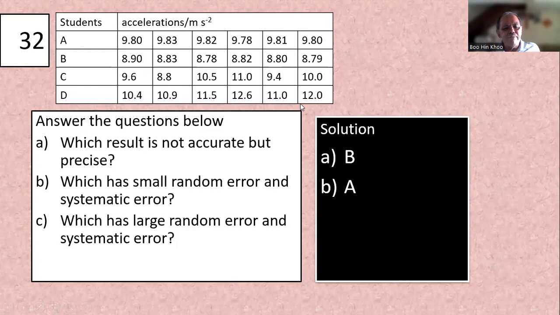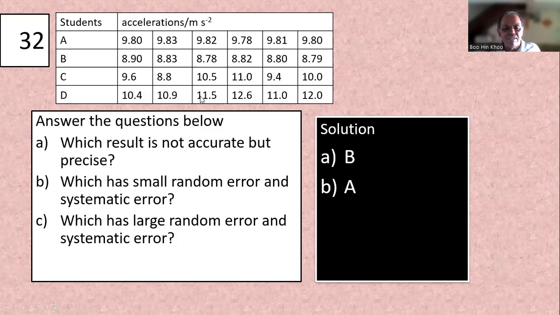Which has a large random error and systematic error? Random error, remember, you look at the values themselves, they are very far from each other. This one would be quite close to 9.81, so the systematic error for this one may be very small, but this one is far away.